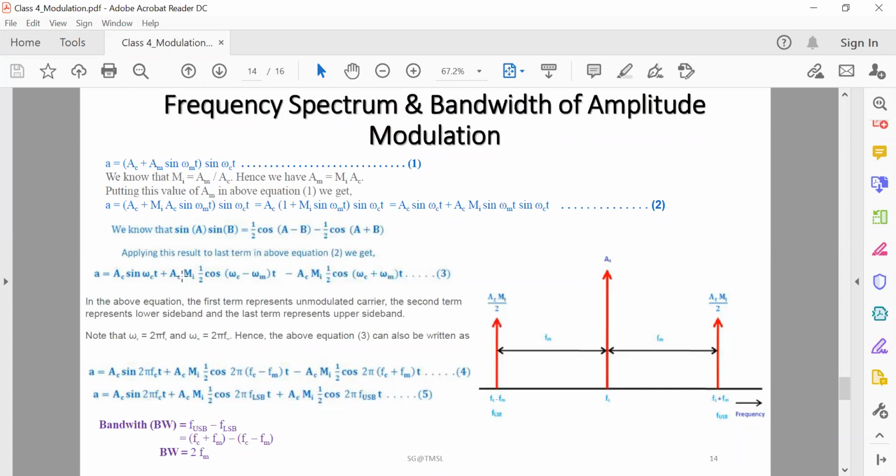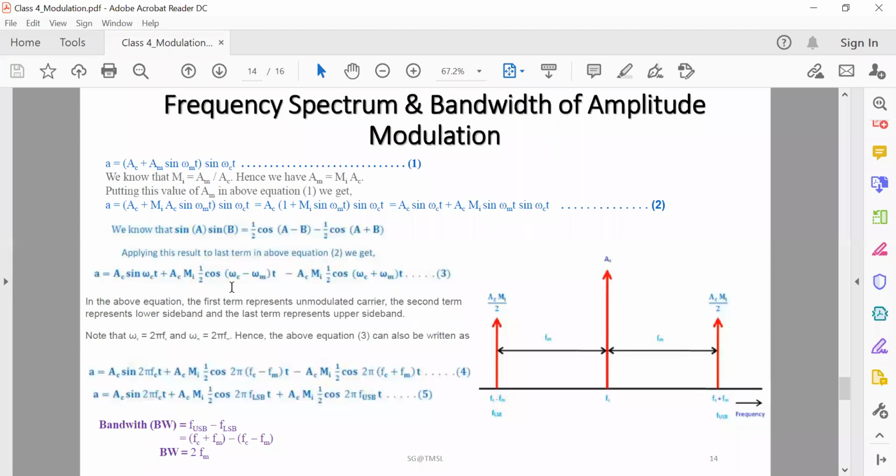Okay, so here in this equation the first term represents the unmodulated carrier signal, which is combined with the message signal. So this is the carrier signal, and the second term represents the lower sideband, and this is called the upper sideband. Okay, lower sideband and upper sideband.